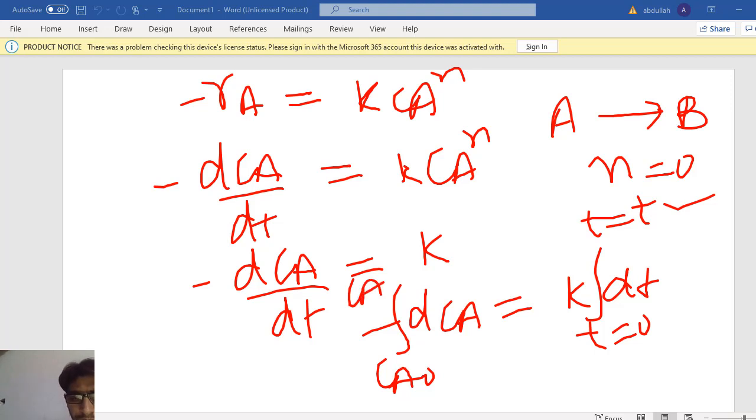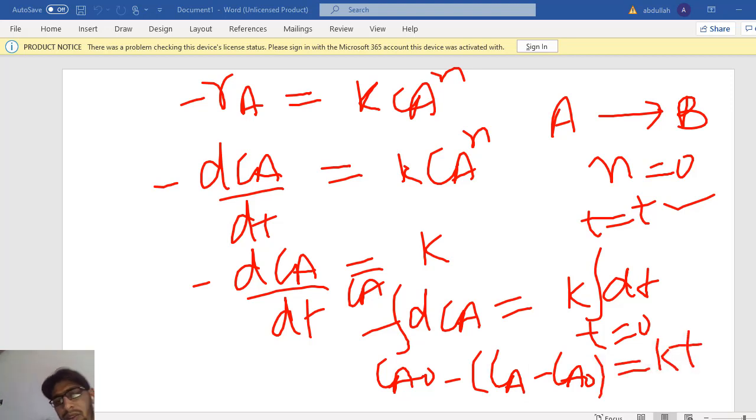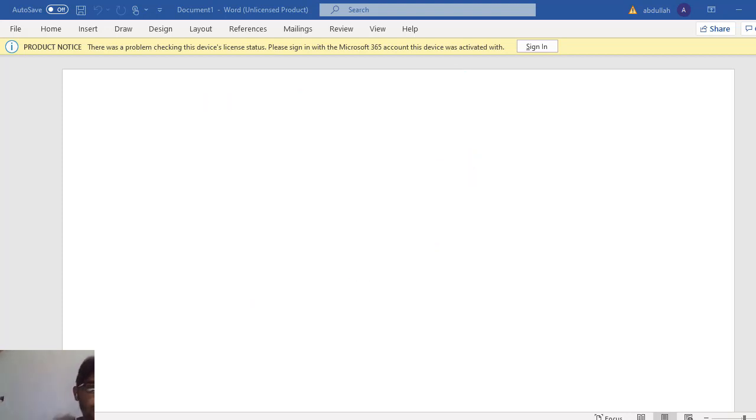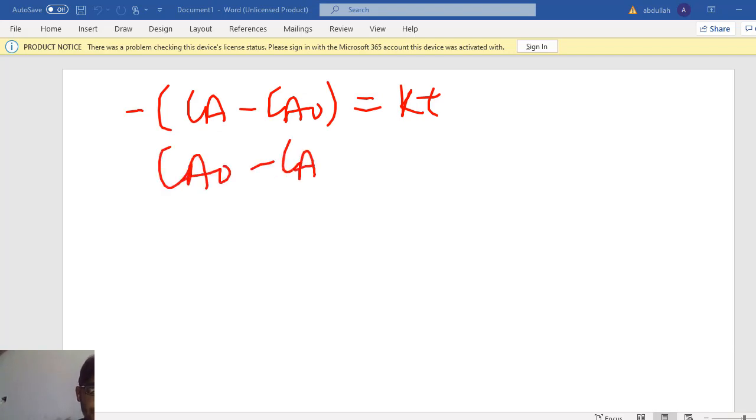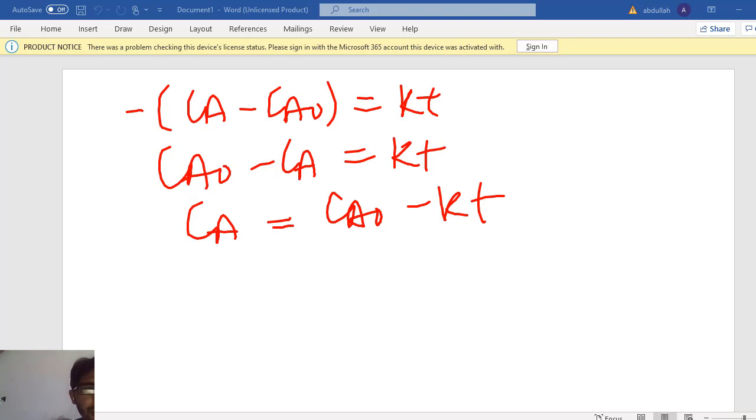So minus (CA minus CA0) equals k t. It will be CA0 minus CA equals k t, or CA equals CA0 minus k t. This is the integrated rate law for a zero order reaction.